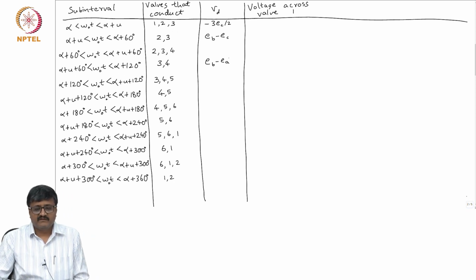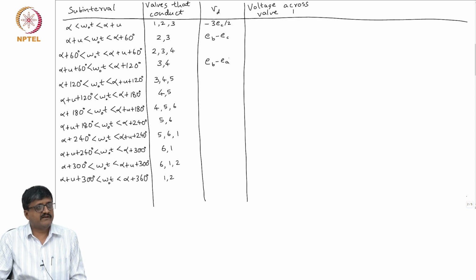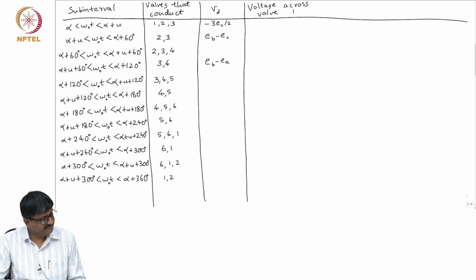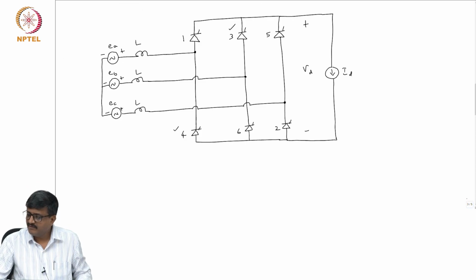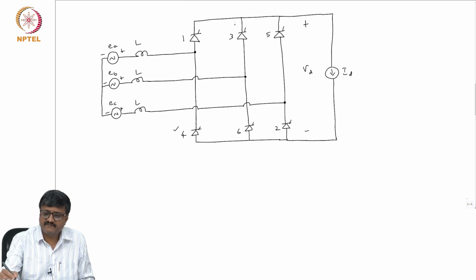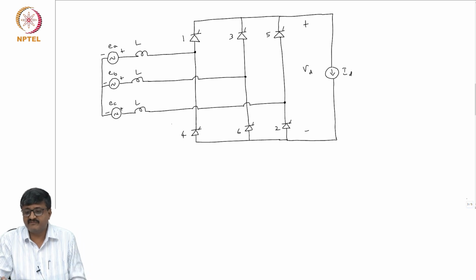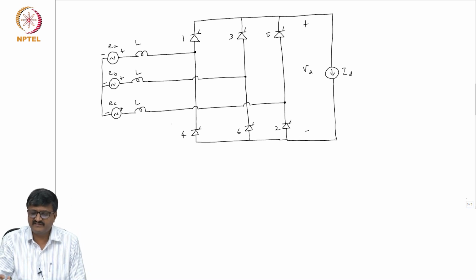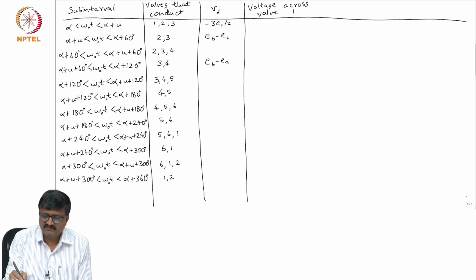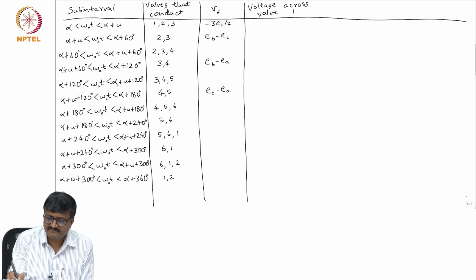Then, if I come to the fifth subinterval, again there are two valves conducting, 4 and 5. So, when 4 and 5 conduct, can I say what is the expression for VD? 4 and 5 conduct, EC minus EA.